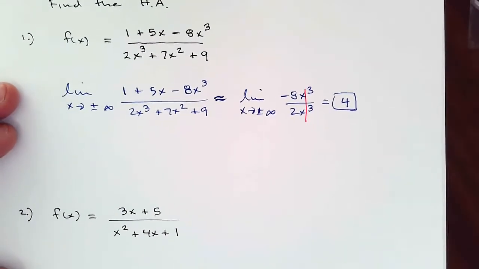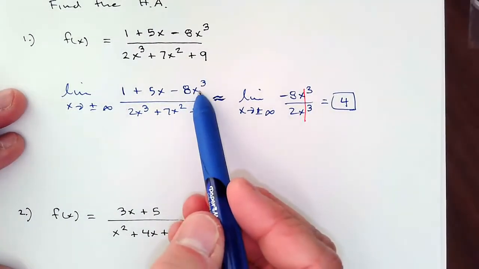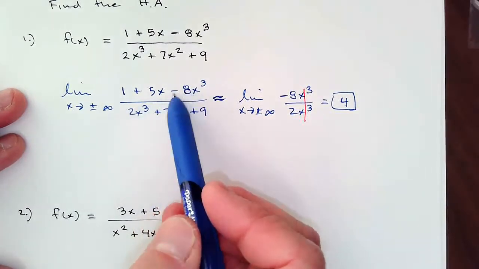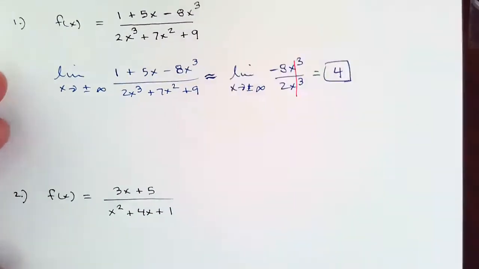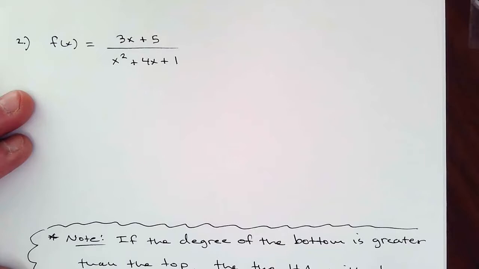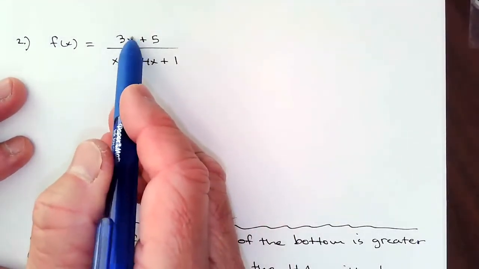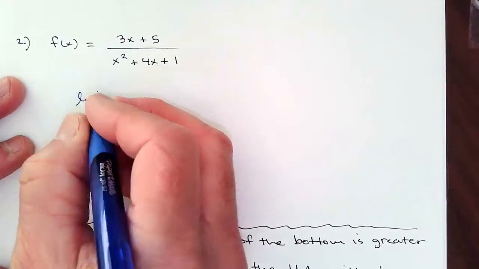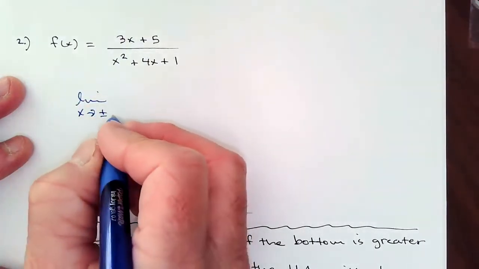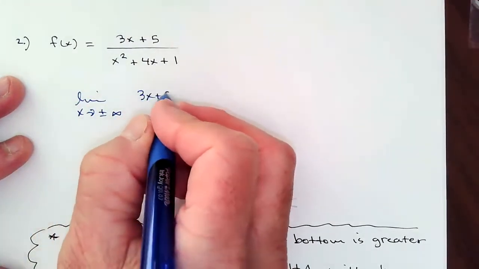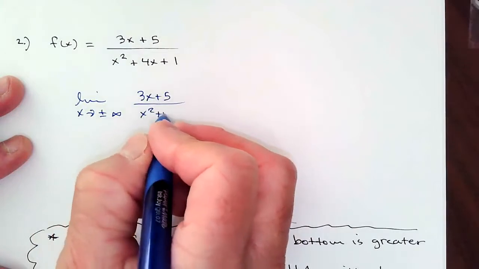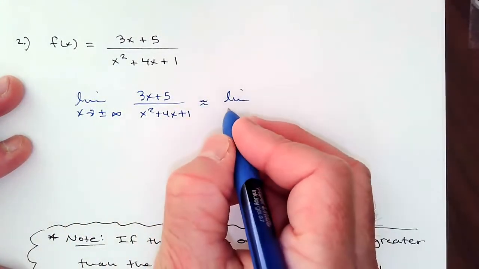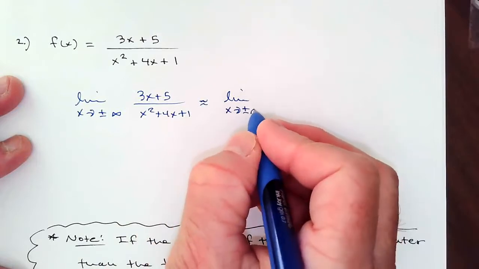If you look at this example and the one before, you'll notice that the powers in the top and the bottom were the same, and it just became the ratio of those two coefficients. What happens if I have a function where the powers are not the same? Here my degree is only 1 on the top, and on the bottom it's 2. So if I was looking at this limit, I still focus on the biggest term on the top and the biggest term on the bottom. That would be equivalent to saying, what's the limit as x goes to plus or minus infinity?